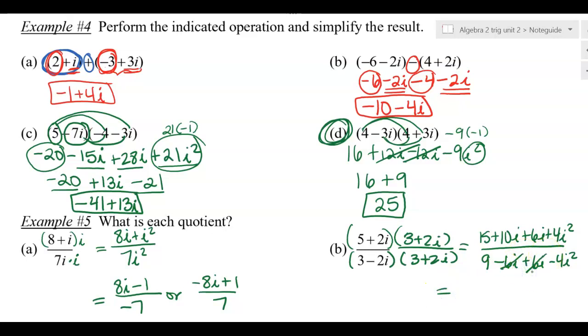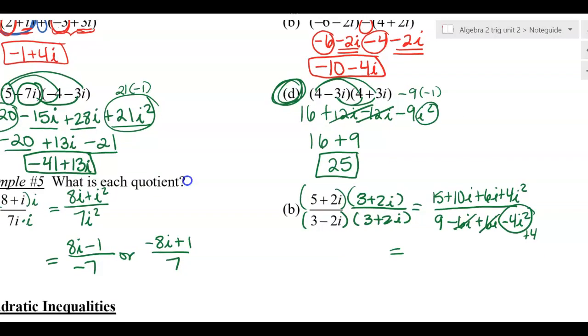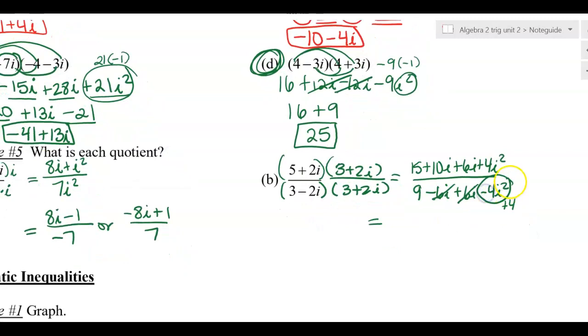The imaginary parts cancel out, and remember this minus 4i squared is really like having a plus 4 because it's negative 4 times negative 1. So our denominator is 13. And then in our numerator, plus 4i squared is really like having a minus 4. 15 minus 4 is 11. And then plus 16i. And that's considered a simpler form of that.